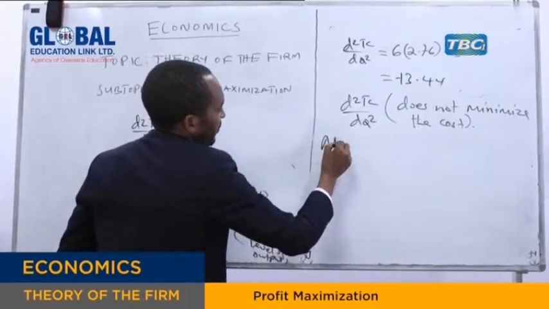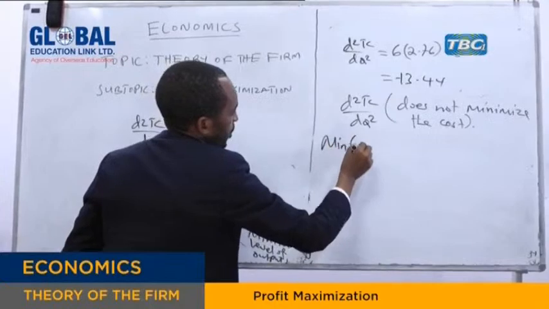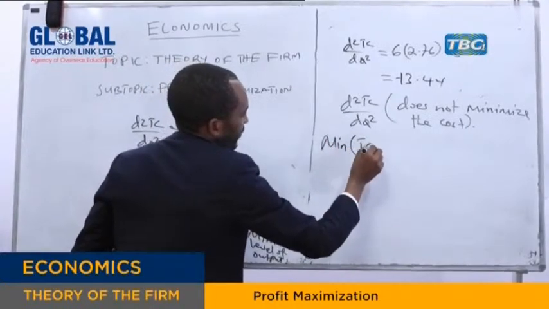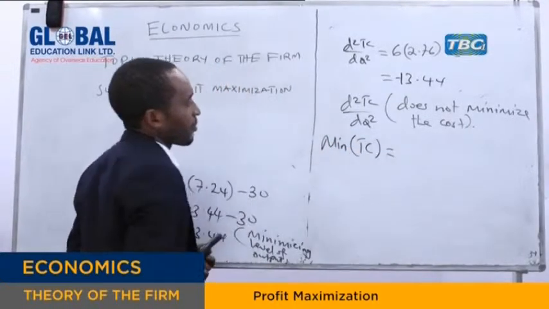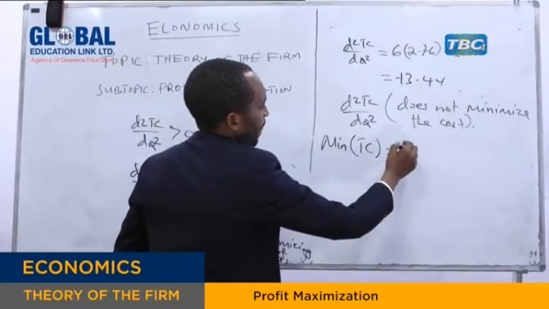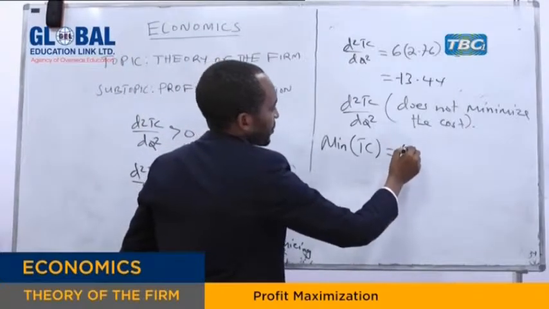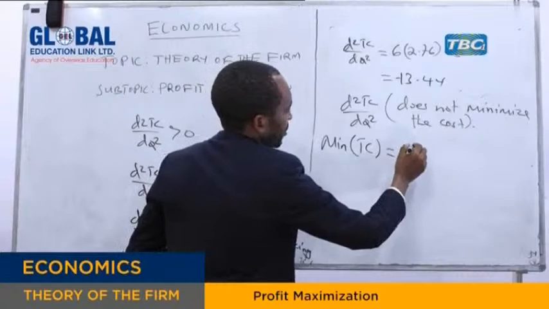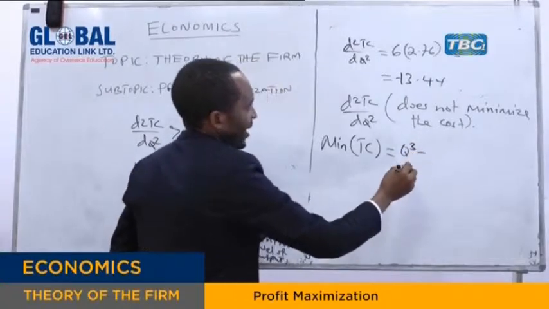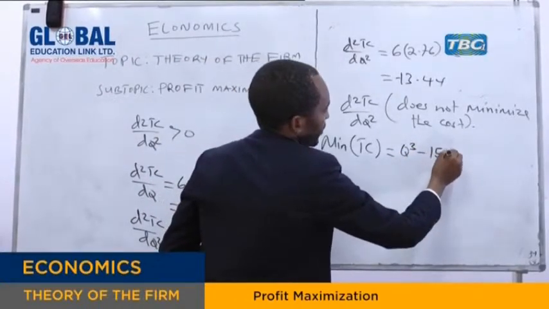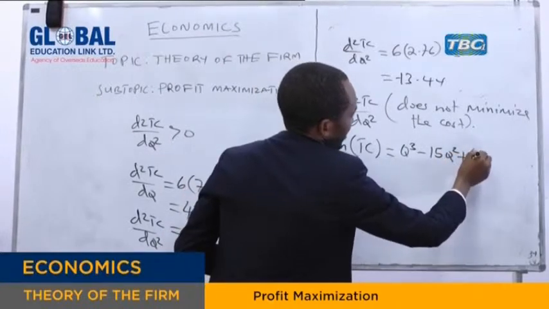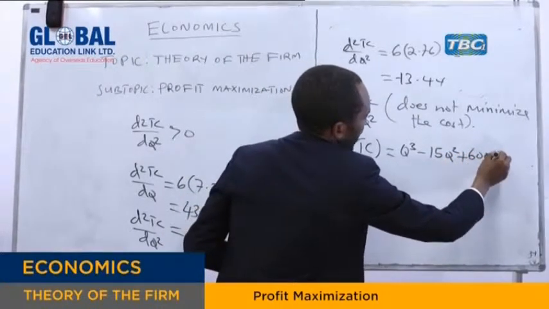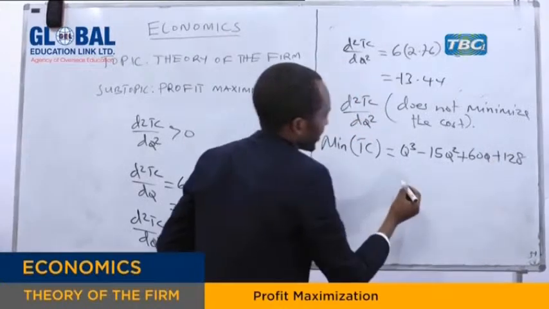The minimum total cost function will be equal to Q cubic minus 15Q square plus 60Q plus 128.